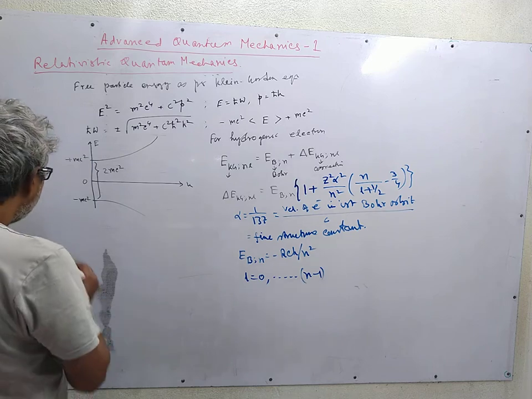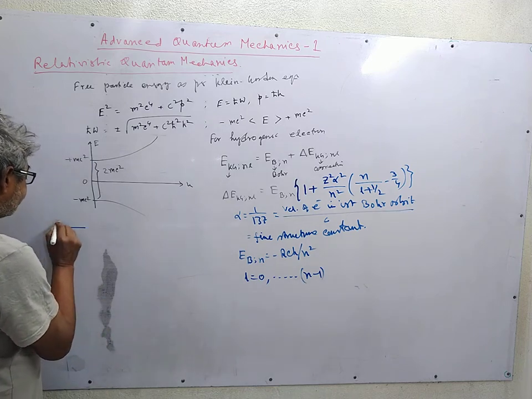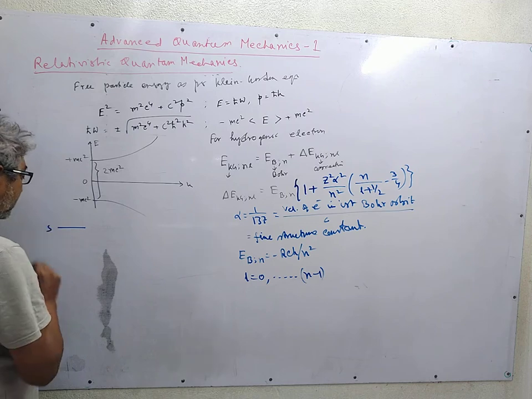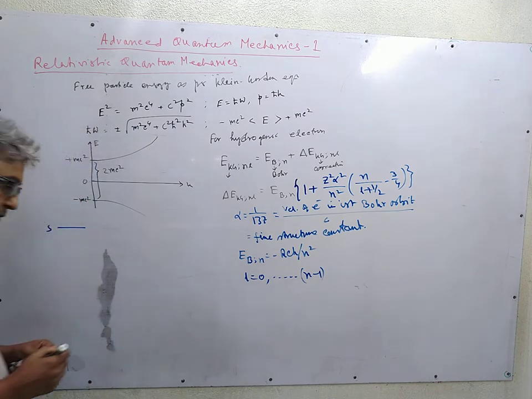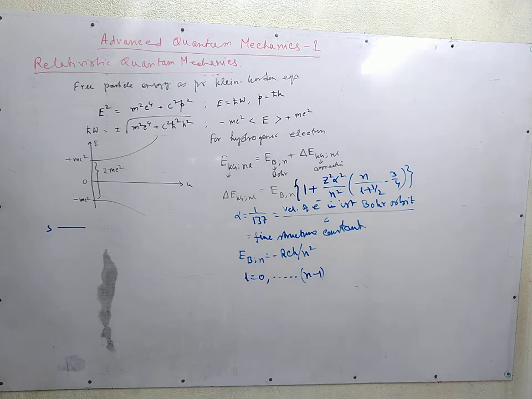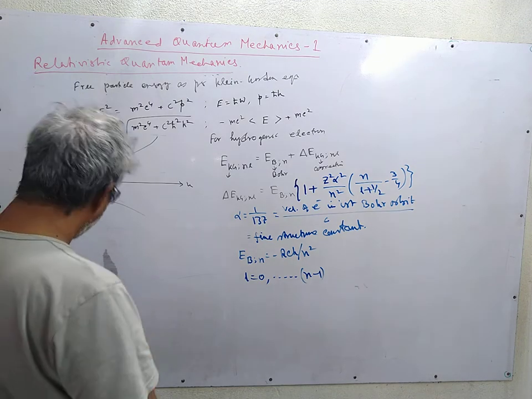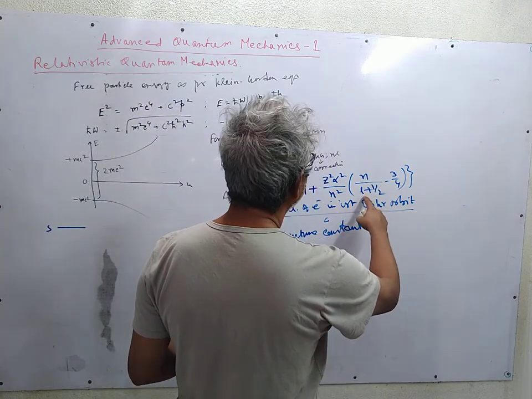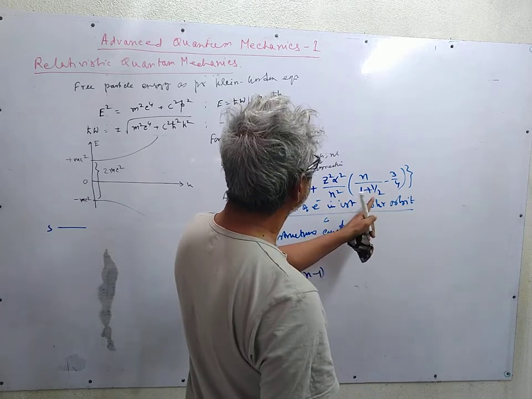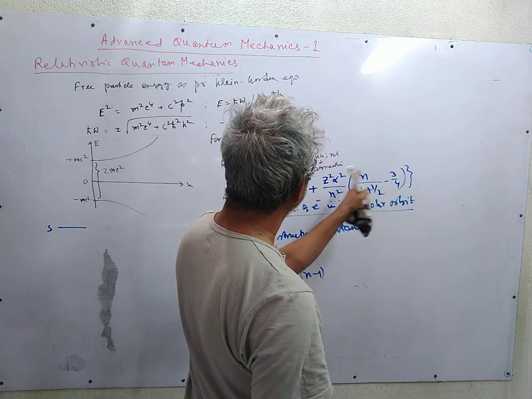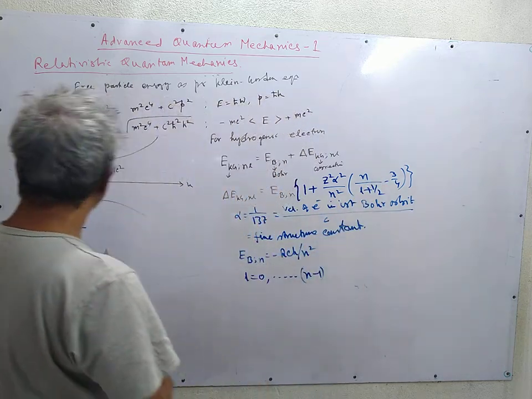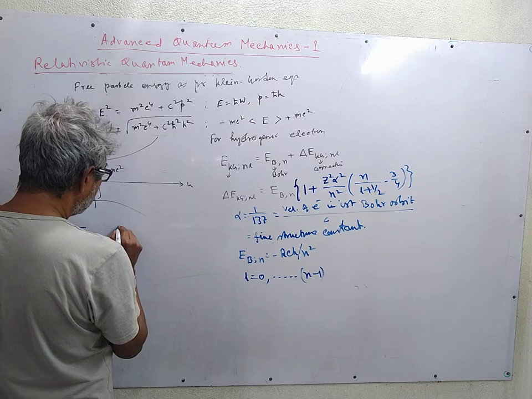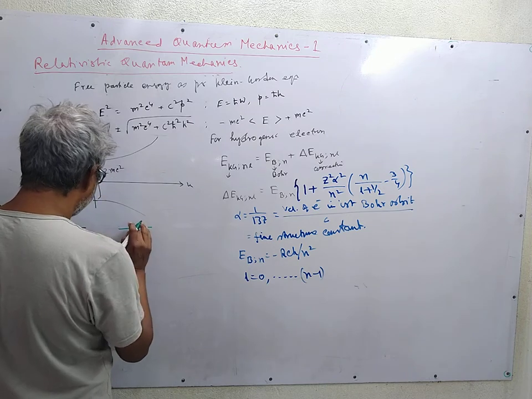For example, if we have an S level, as per Bohr's theory, and as per Klein-Gordon theory there is only one value of l, we will get only one energy level, although that energy level will have an n dependent shift. It will be just shifted below.